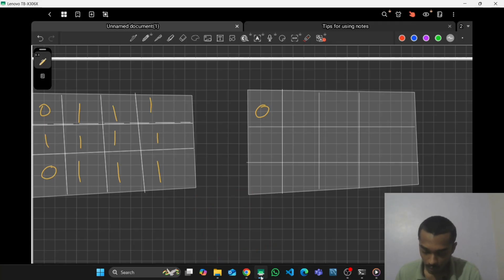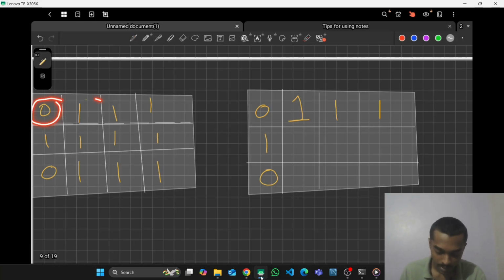For this row and this row, there is no option there. For this cell, there is only one submatrix, which is itself. So we can just directly fill it. If you see, this is 0. For this one there is only one.